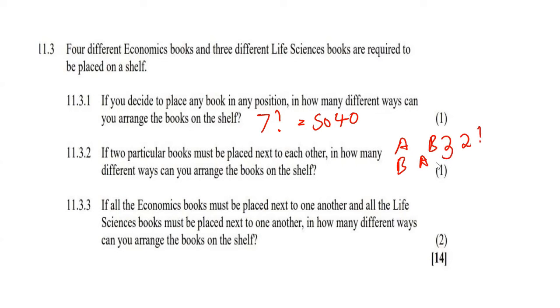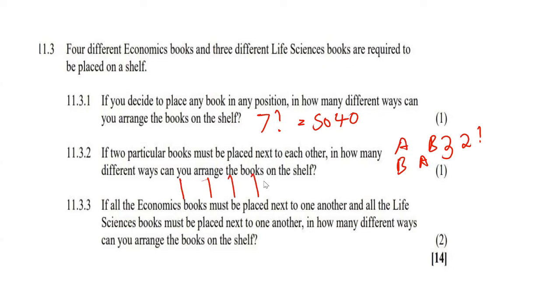Now, what are we going to do? We're going to take those 2 books as a unit, as one item. Now, remember, we have 7 different books, right? But if we are taking those 2 books as a unit, that means now we are left with 6 positions. So we must fill in 6 positions.